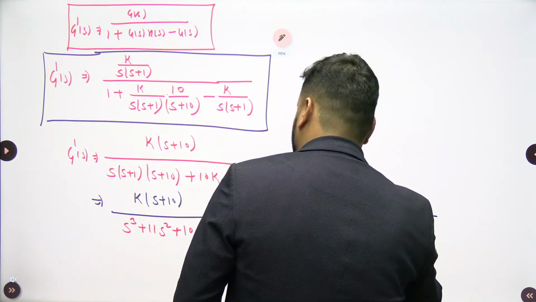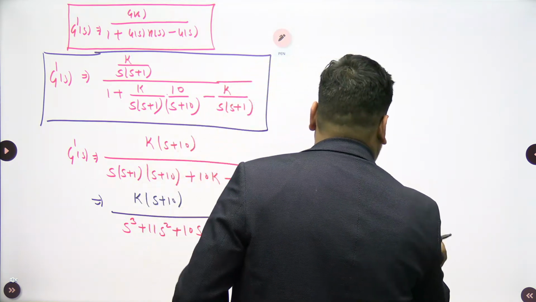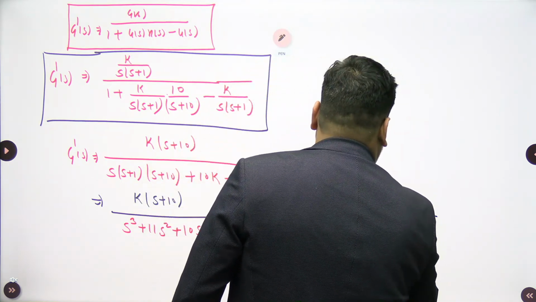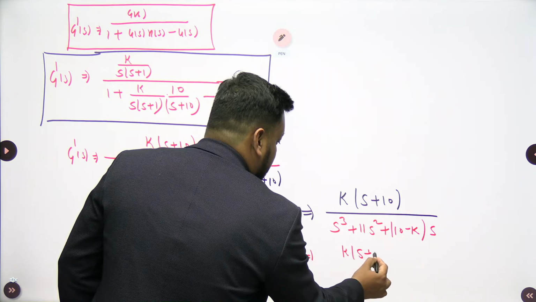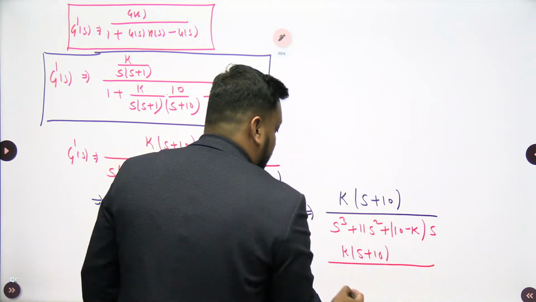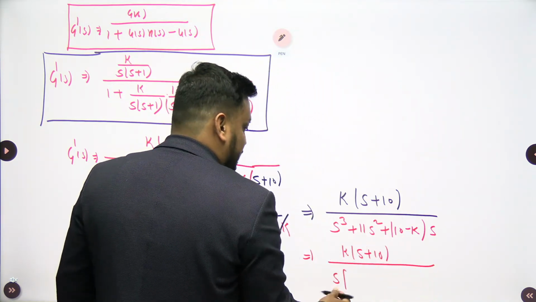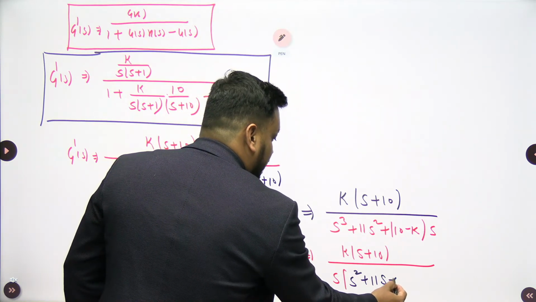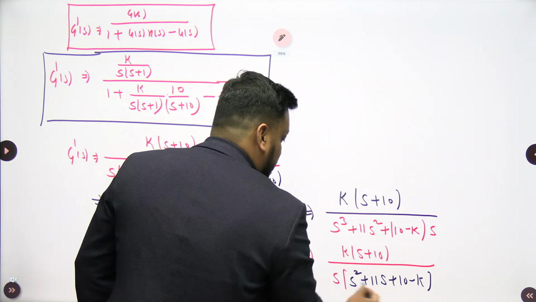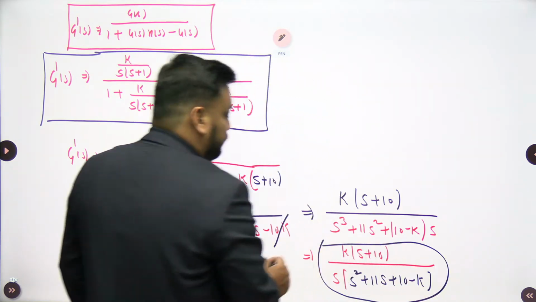You can even take 10 s minus K s common, so here I can write 10 minus K into s. So the ultimate answer can be K into s plus 10. Throughout the denominator, s can be cancelled, can be taken common. So s square plus 11 s plus 10 minus K. This is nothing but your final answer, guys.